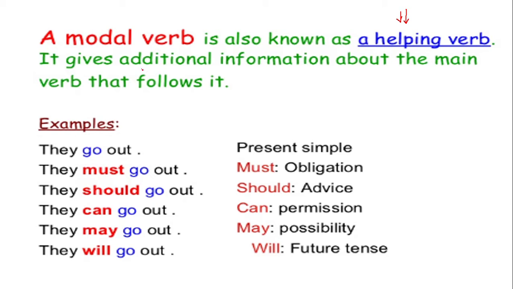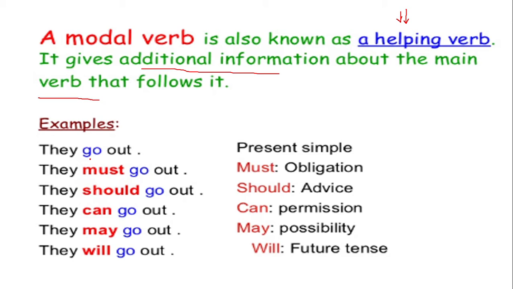It gives additional information about the main verb that follows it. So we can conclude that it is a helping verb which helps the main verb, or the action verb, by giving additional information. It gives us more information about the object or the subject.